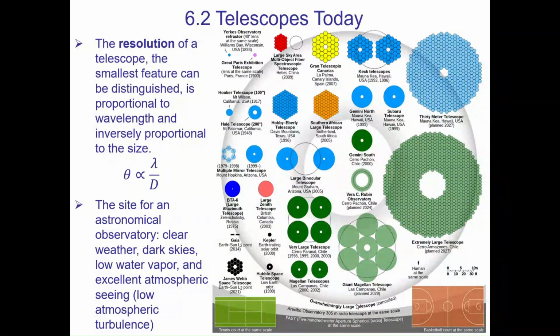We're actually missing a lot of other important information about the star, which comes in other types of electromagnetic radiation.